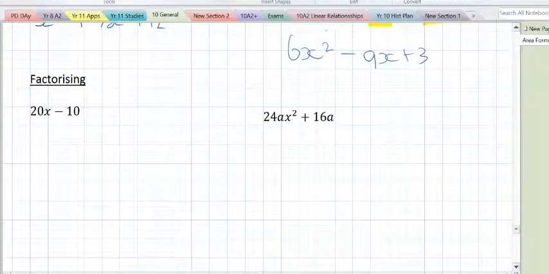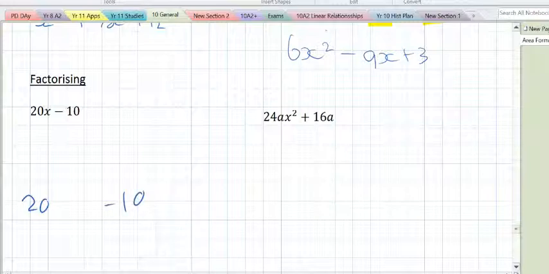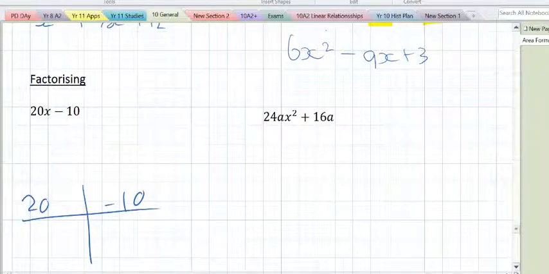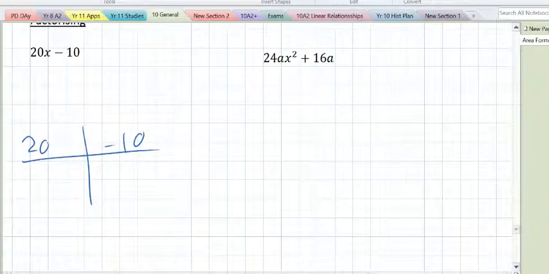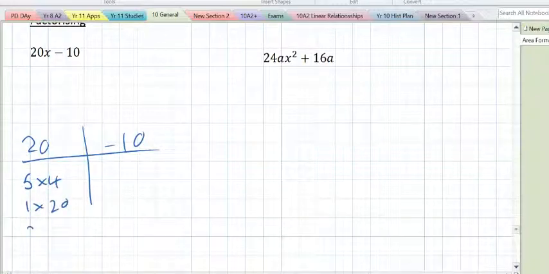If we take 20 and minus 10, what numbers fit into both? 5 and 10. Good. 5 goes into both because we have 5 times 4, 1 times 20, and 2 times 10, 2 times 5, and minus 1 times 10.